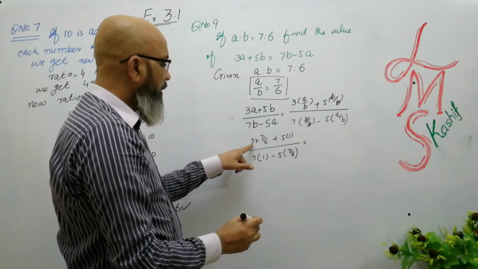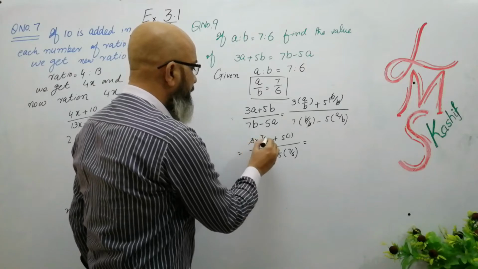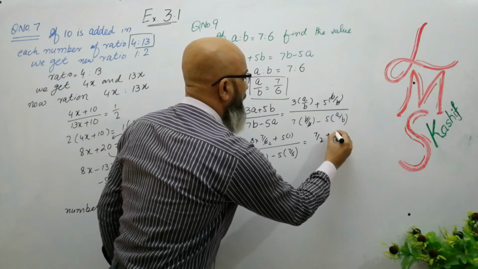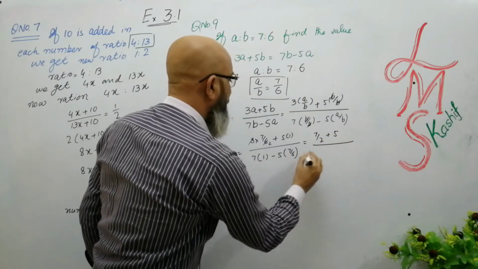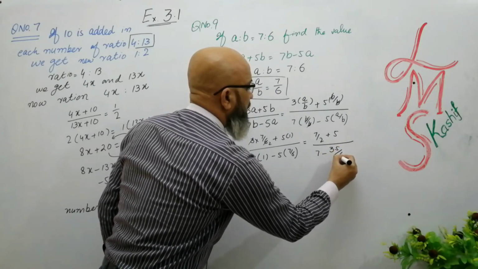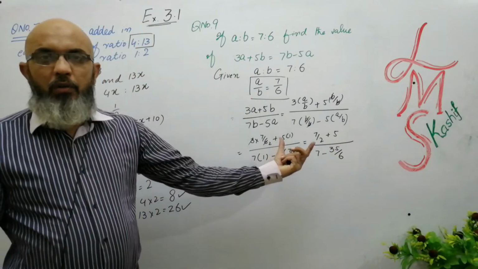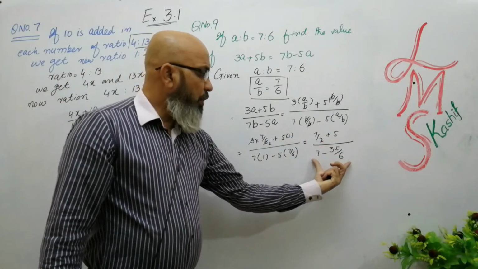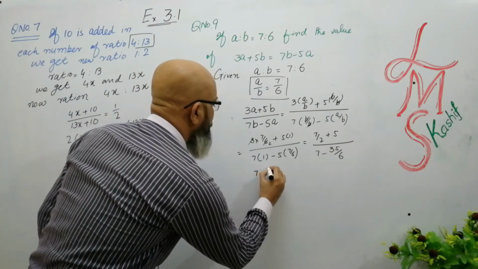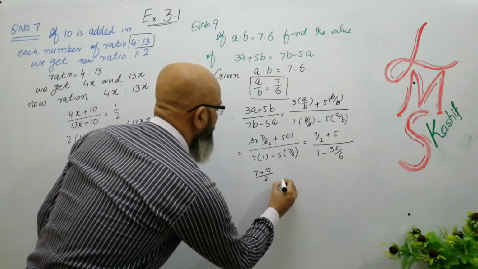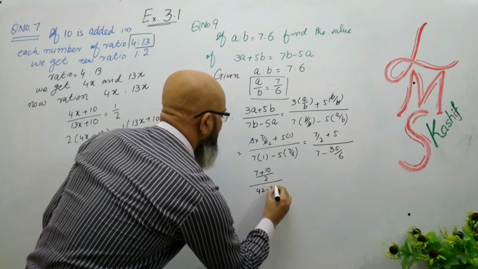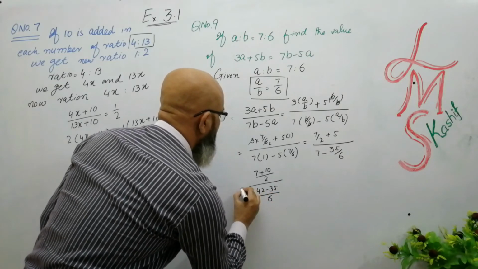So what we get here, 3 2s are 6, it will cut, means 7 over 2 plus 5 divided by 7 minus 35 over 6. So now you solve these two fraction forms by taking denominators. It's very easy. 7 plus 5 twos are 10 over 2 divided by 7 6s are 42 minus 35 over 6.